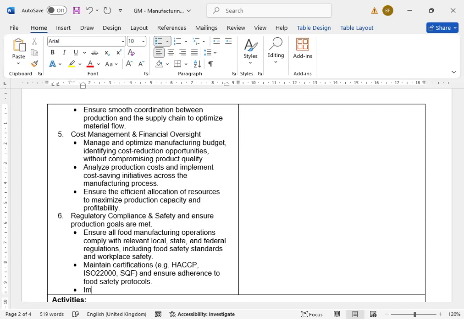would be implement robust safety programs, or you can implement safety initiatives. You know, if you don't have bollard, you put bollard. If you don't have a machine guarding, you put machine guarding.